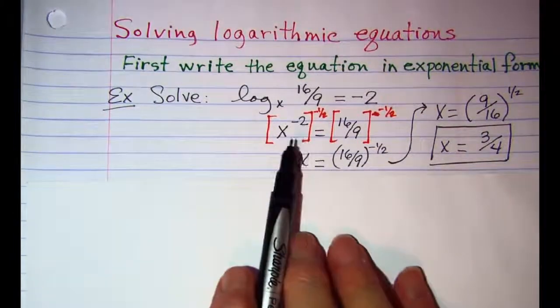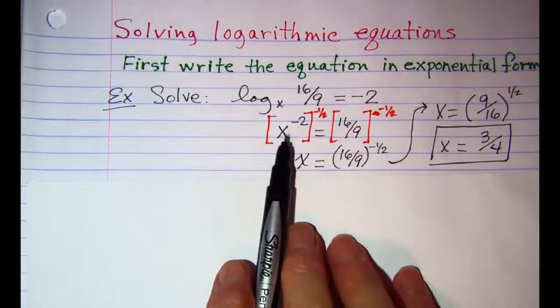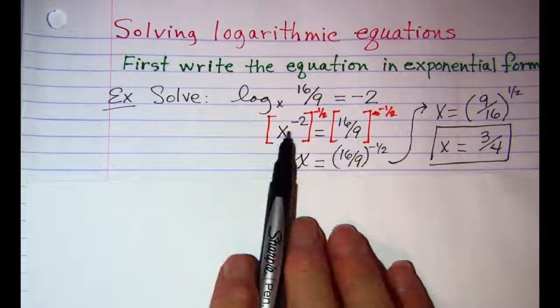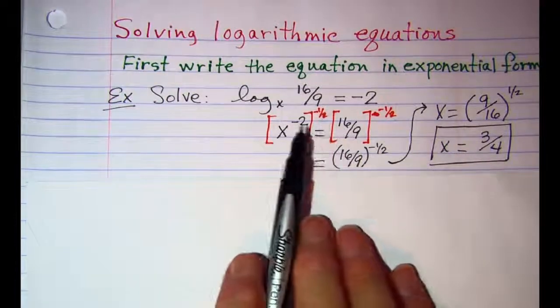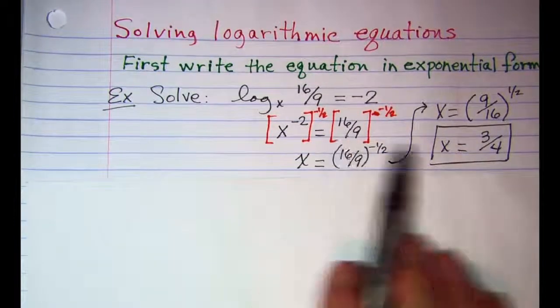Now be aware that whenever you square root both sides, like at this point, you would normally have plus or minus on your answer.